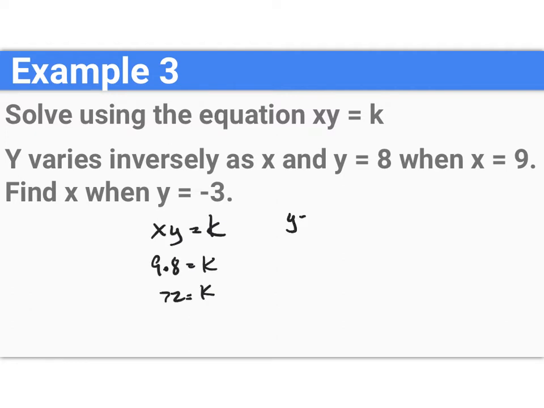So if y equals k over x, we found k was 72, and y is negative 3. From a little cross multiplication, swapping the 3 and the x, we get x equals 72 over negative 3, and then x equals negative 24. So there you go.